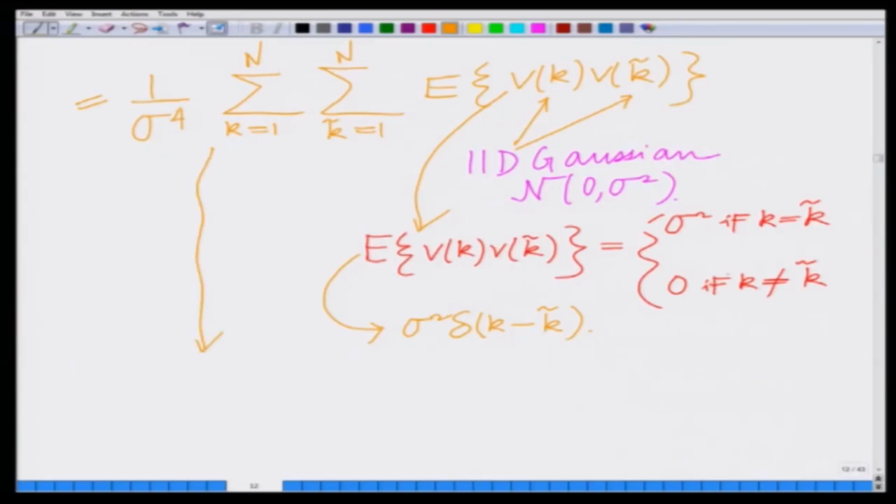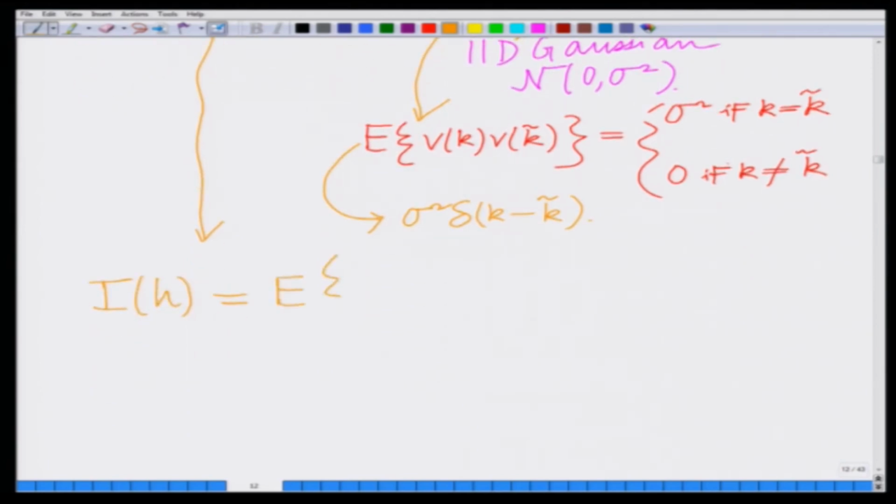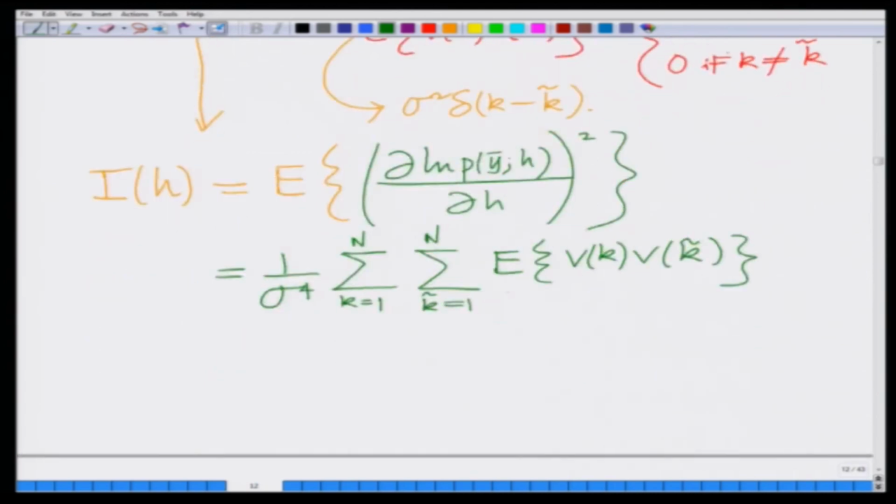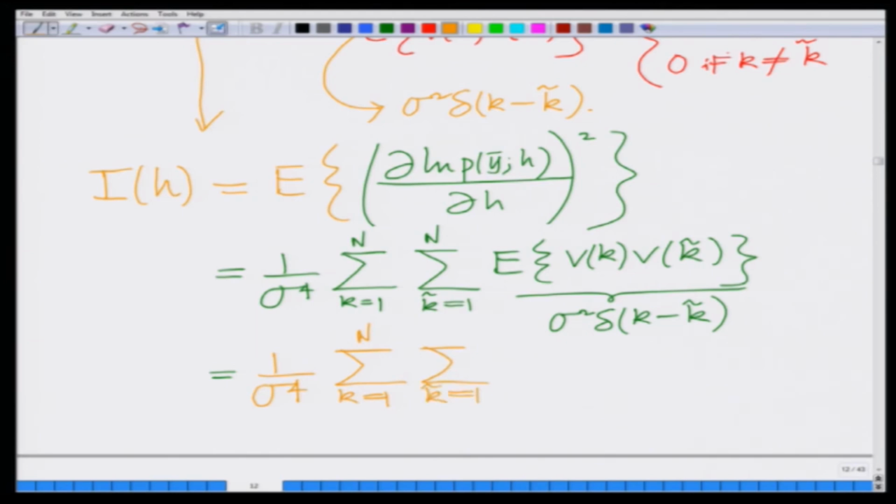Therefore, I of h equals the expected value of the square of the derivative of the log likelihood function, which is 1 over sigma to the power of 4, summation k equals 1 to n, summation k tilde equals 1 to n, expected value of Vk Vk tilde, and we have just seen that this is sigma square delta of k minus k tilde.